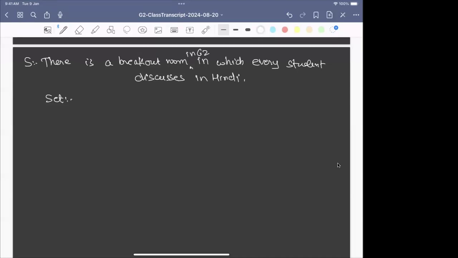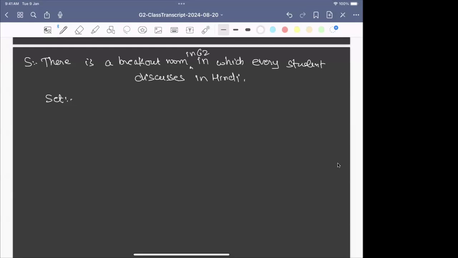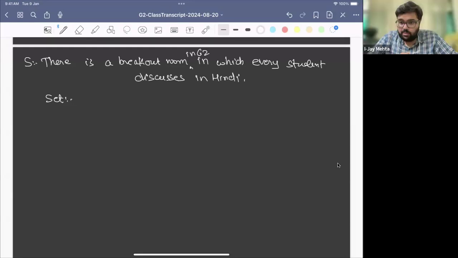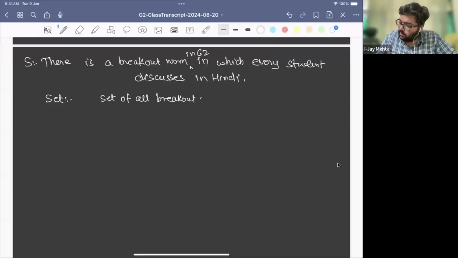So now tell the answer. What is the set here? Set is any breakout room in G2. Any breakout room or set of all? Yes, set of all breakout rooms in G2.